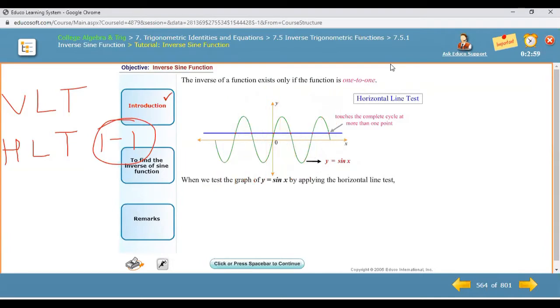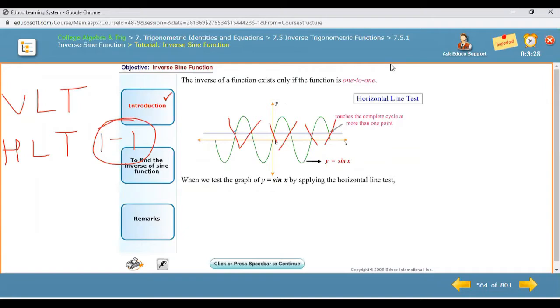Now they have drawn one horizontal line, this blue line. Now this blue line is touching at more than 1 point: 1, 2, 3, 4, 5, and 6. So it fails the horizontal line test. That means this function or this graph is not 1 to 1.